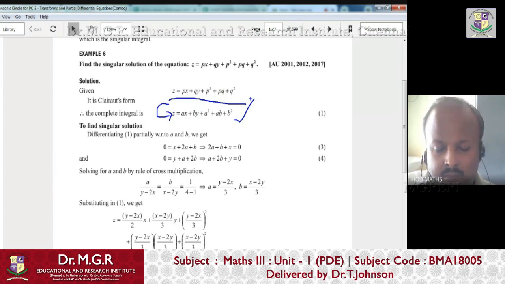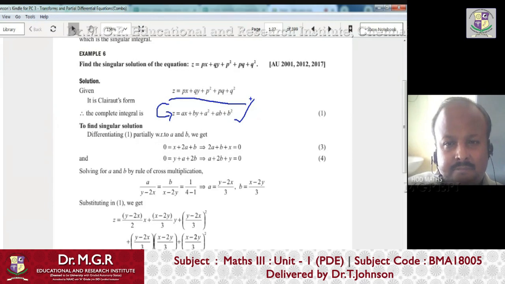So now for that we have to write z equals ax plus by plus a square plus ab plus b square.